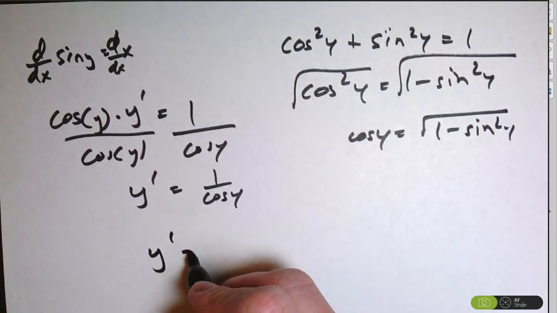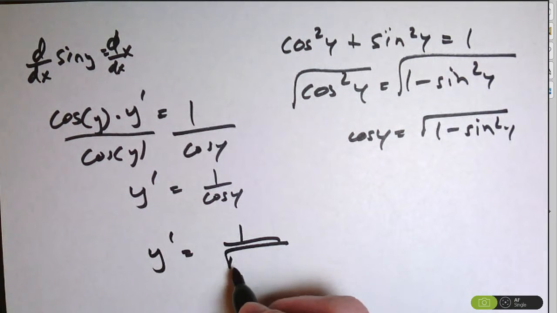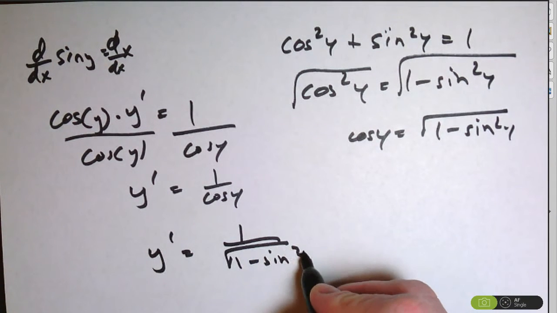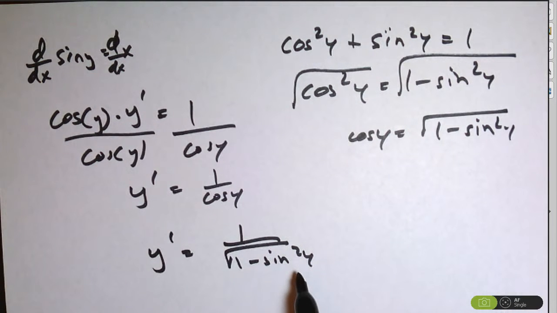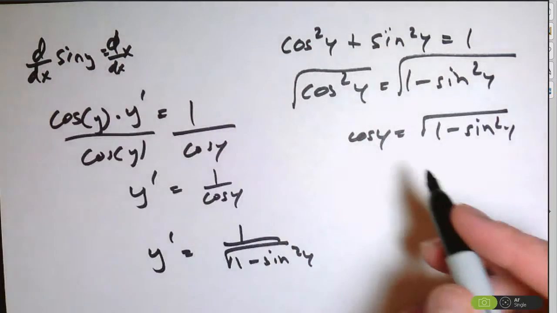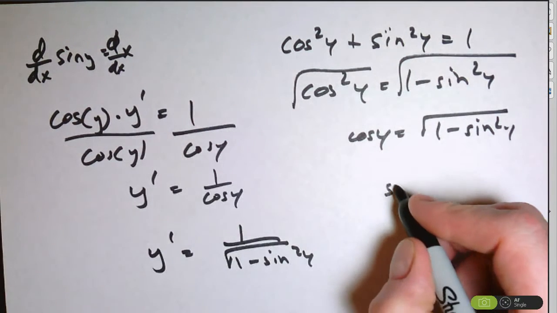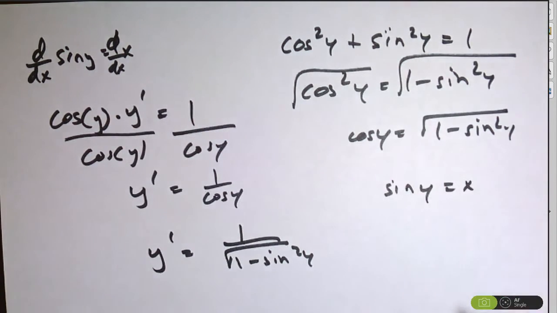So y prime equals 1 over the square root of 1 minus sine squared y, which still isn't great for us because sine squared y doesn't mean anything. It's still in terms of y. You can't have y prime in terms of y. However, way back at the beginning, we said sine of y equals x.